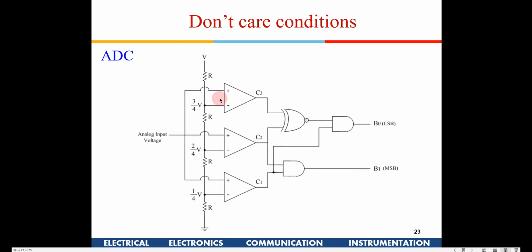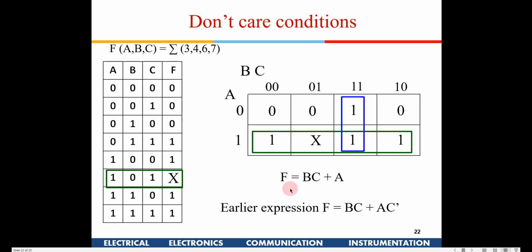Now let me tell you, don't remember the circuit and all, this is an A to D converter. If it is a don't care condition, then we can club it to our advantage. We can either write 1 there or 0 there. In this particular example, if you take the value of x equal to 1, then I can combine this into a bigger box.